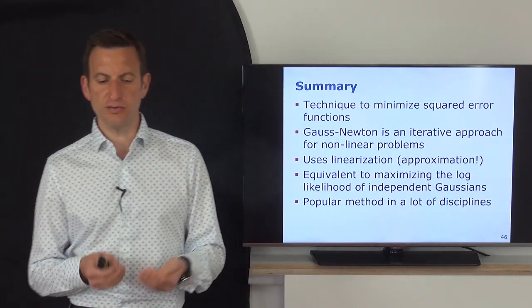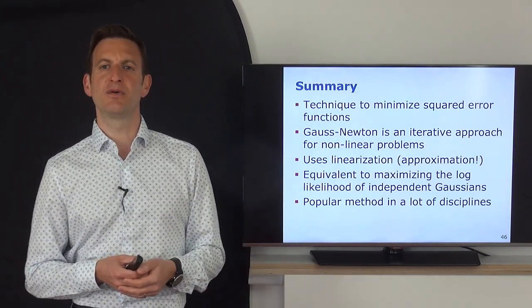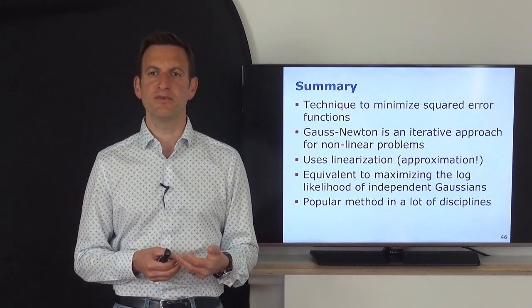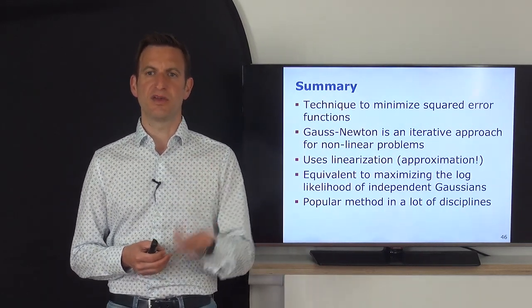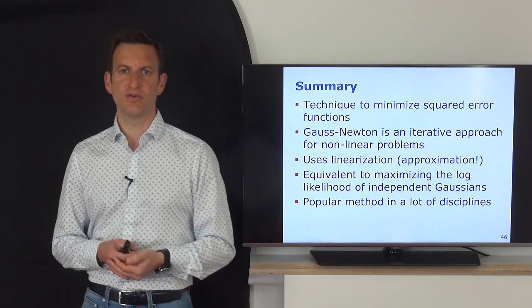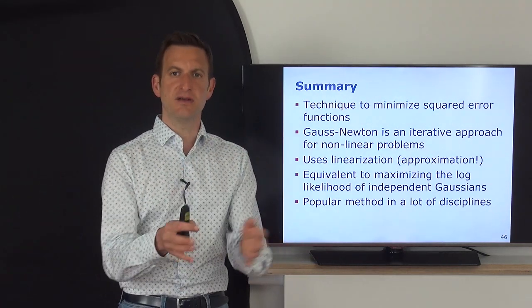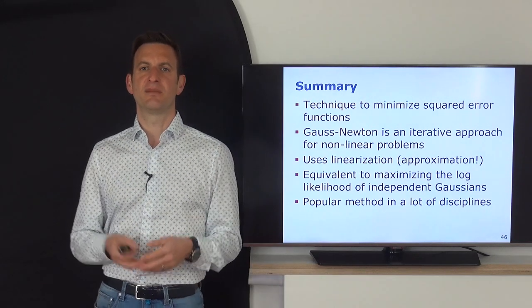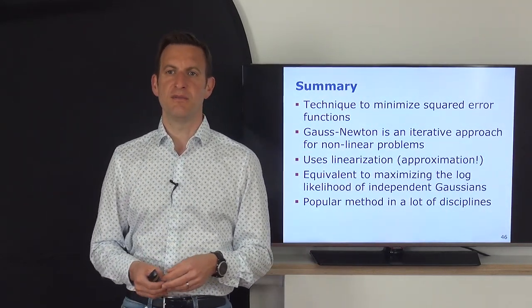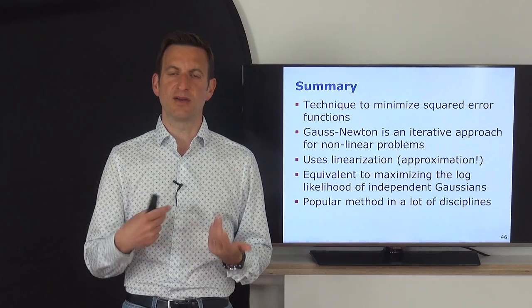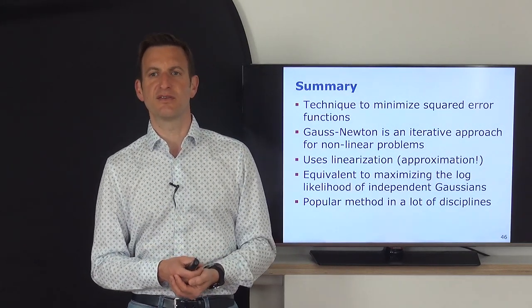We introduced the Gauss-Newton approach as an iterative approach for solving these nonlinear problems, and the key thing is we used linearization in order to turn the nonlinear error function into a linear error function, approximated by a quadratic form, and then compute the minimum. And we need to actually iterate this process due to this linearization.